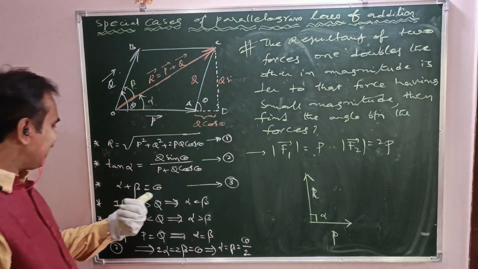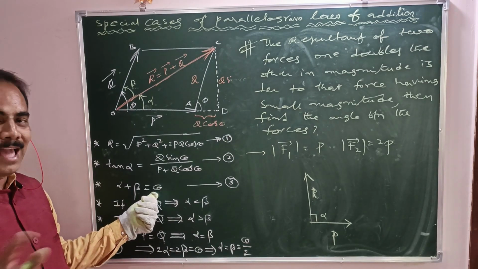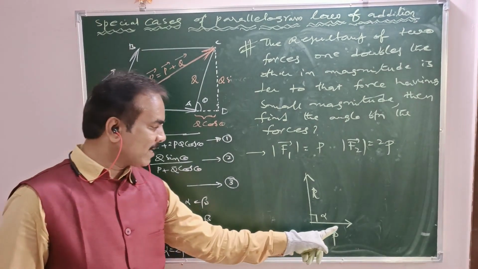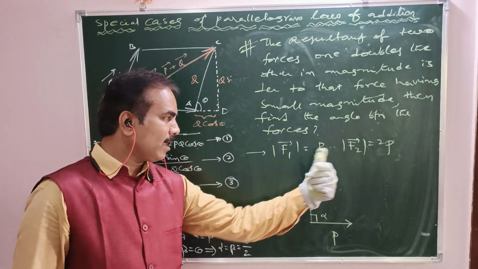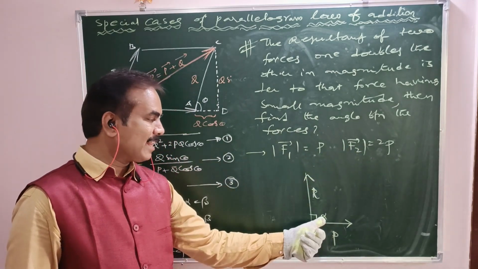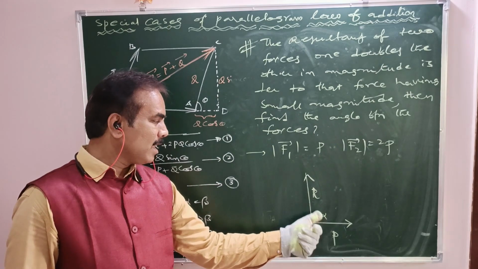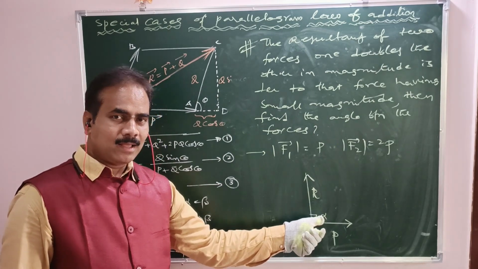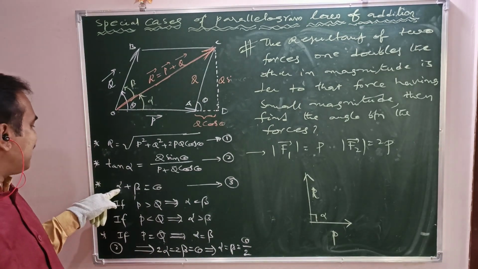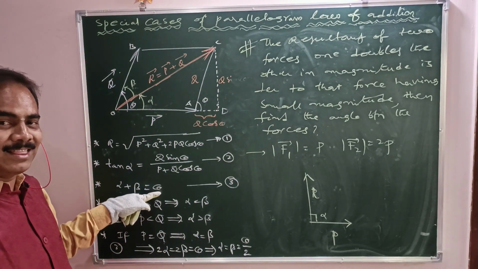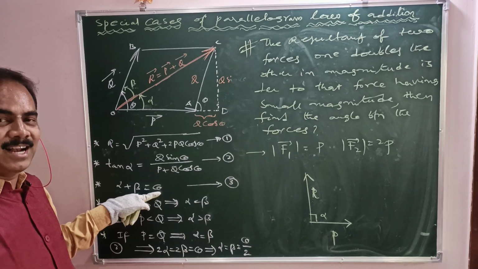In fact, what is theta? Theta means the angle between parent vectors. One parent vector is P, the other parent vector is 2P. What is the angle between P and 2P? Definitely greater than 90 degrees. Why? Because alpha itself is 90. Theta means alpha plus beta, that is 90 plus something. Definitely theta exceeds 90 degrees.